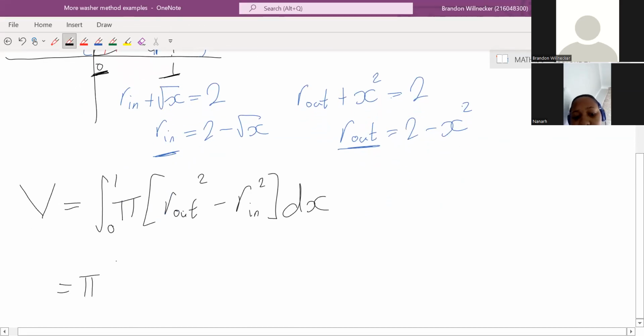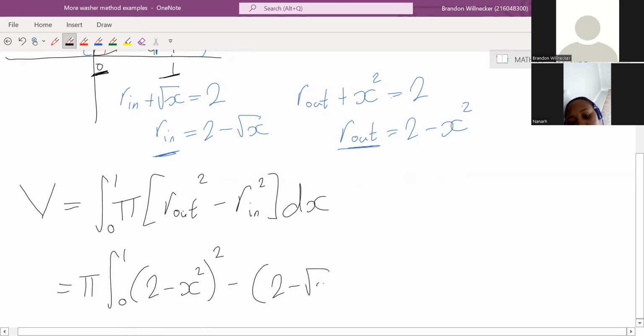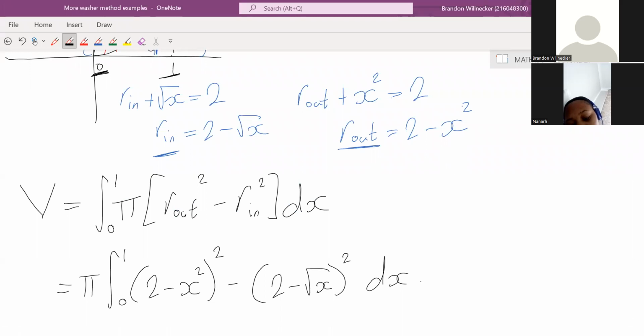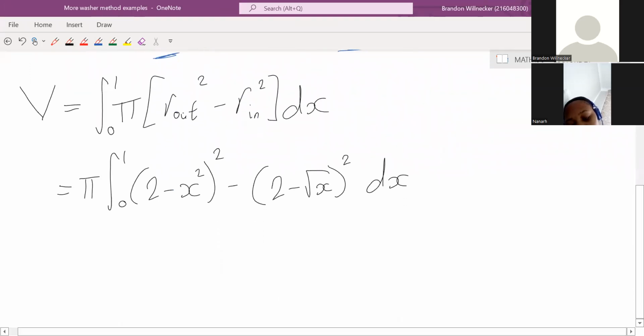So this is pi times the integral from 0 to 1 of 2 minus x squared, all of that squared, minus 2 minus root x, all of that squared, dx. Now this is just a straightforward integral that we can solve.